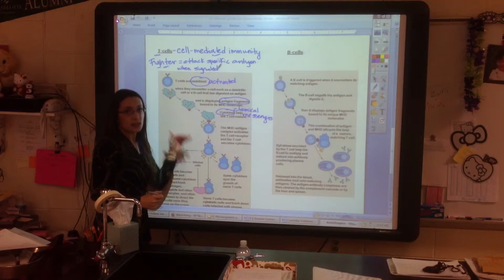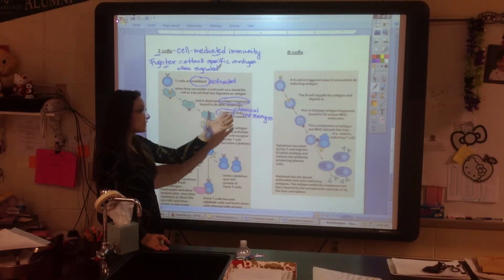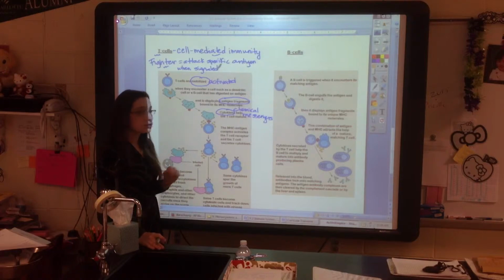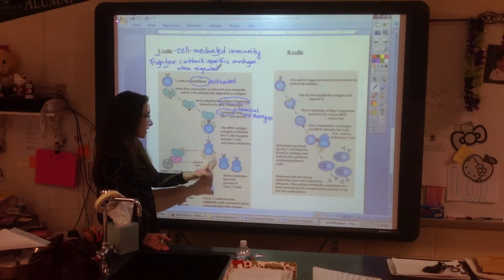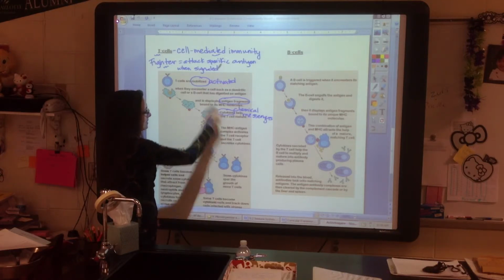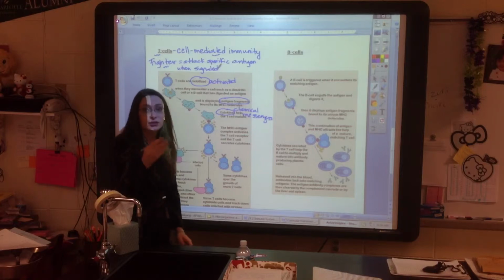So the key is that these cells are only going to be activated when they receive the correct chemical messengers, and then they go out to try to destroy the antigen. The T cells are a really big cycle of turning on other T cells.